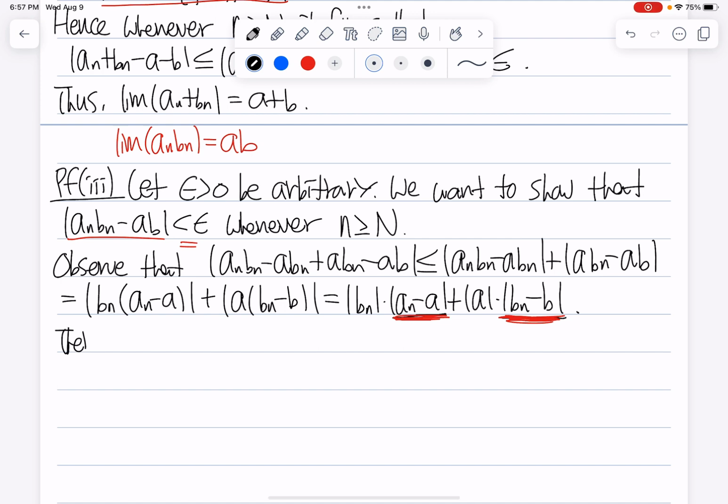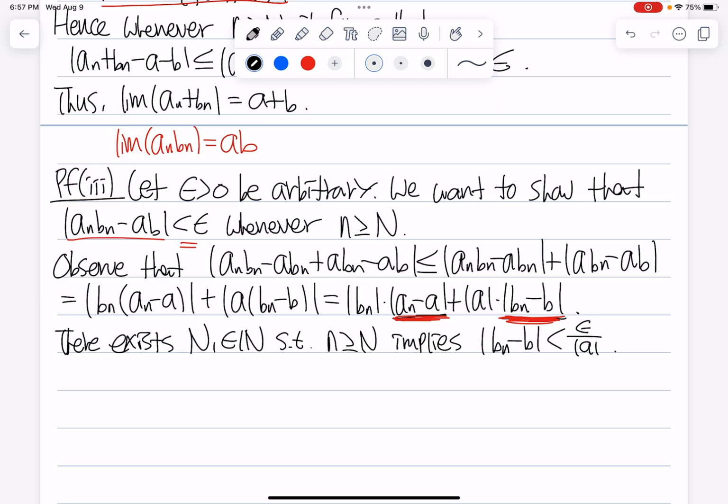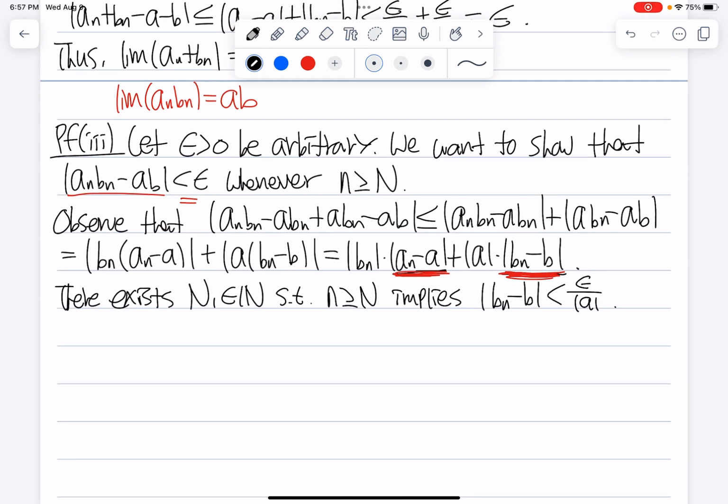There exists big N1 in the natural numbers such that small n greater than or equal to big N1 implies that |bn - b| is less than or equal to epsilon over |a|. And this is possible because bn converges to b, and we can make |bn - b| less than anything we want. All right, so what about the second part?